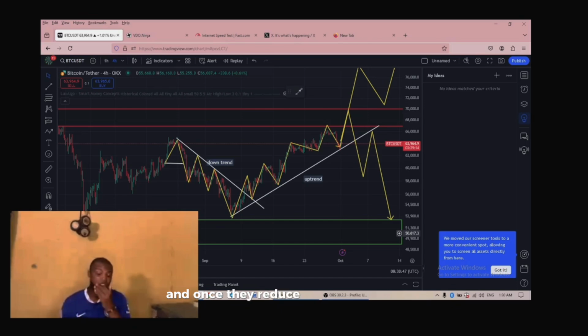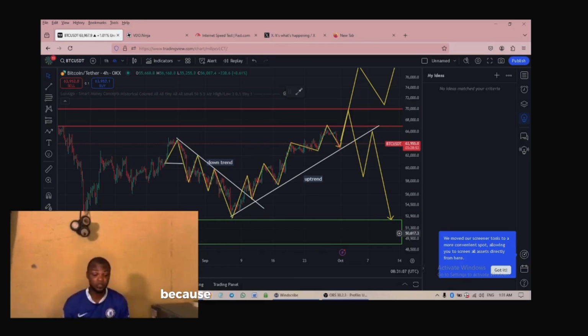And once they reduce the price to some extent, if they find out that people are still not buying, they wouldn't have any other choice than to reduce the price more. And the more they reduce it, the more you are getting chances of buying the token.